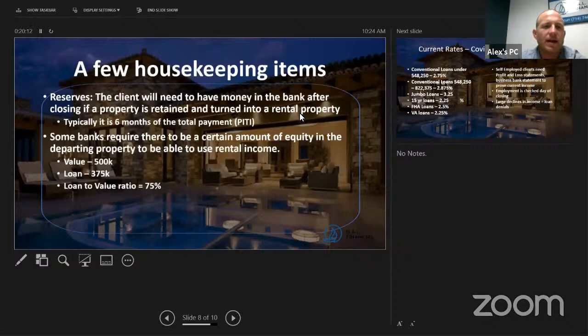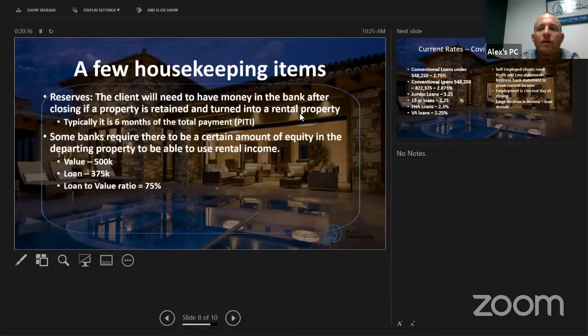A few housekeeping items, stuff to keep in mind. This is more for me than you guys. But if the client is doing 2 properties, they need to have some money in the bank after or when they're purchasing that second property, if they're keeping the previous property, called reserves.